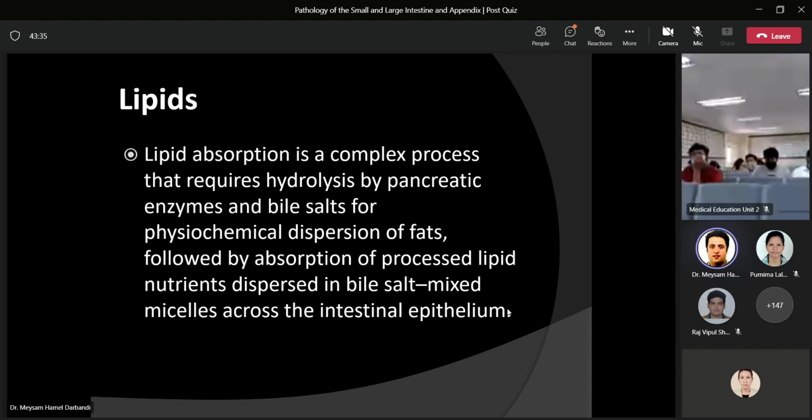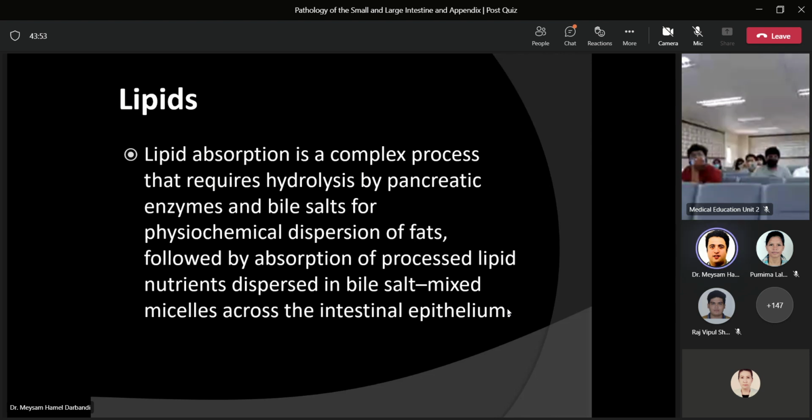So this is my triacylglycerol, right? And then this is my pancreas. This is the ampulla of Vater, and there's an opening there. And this is the pancreatic duct.